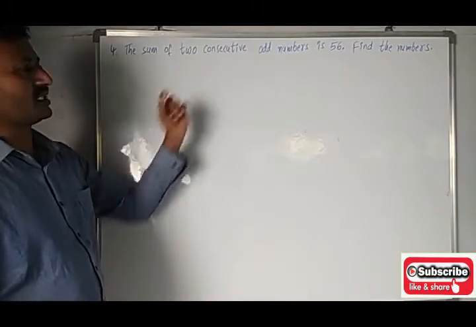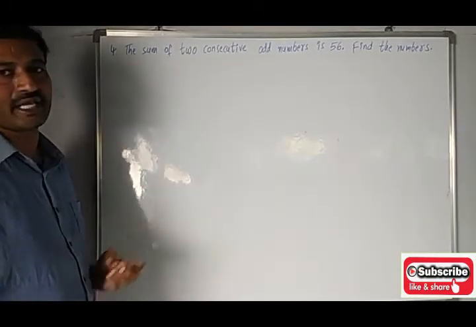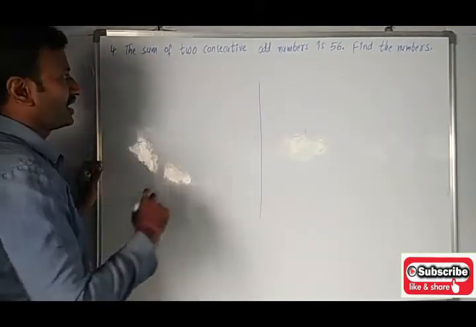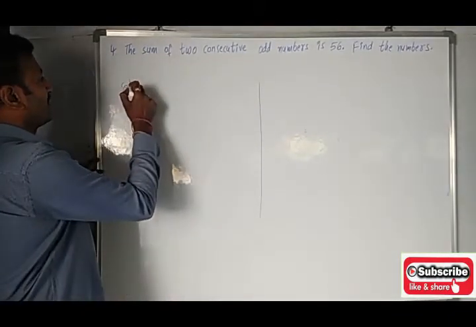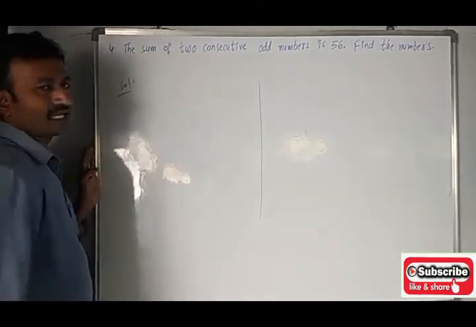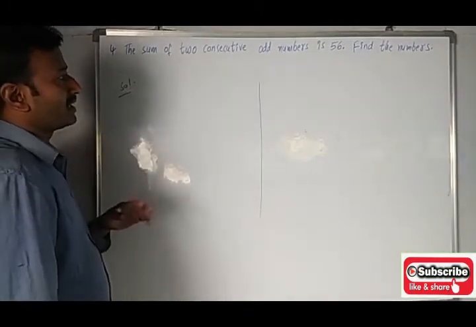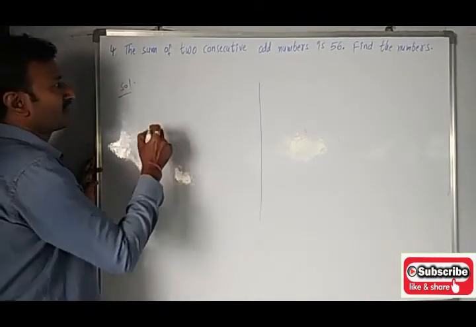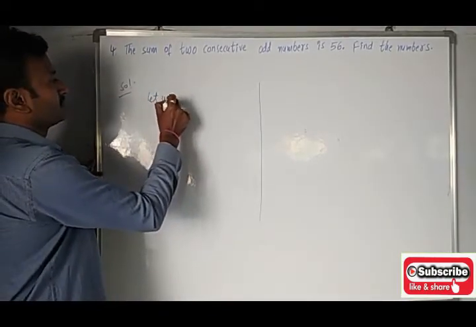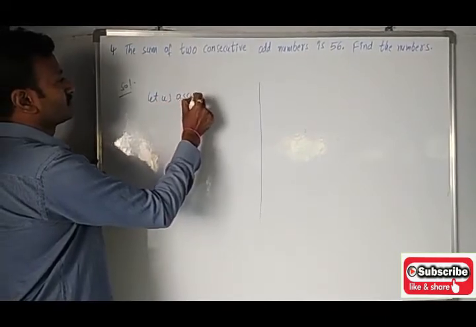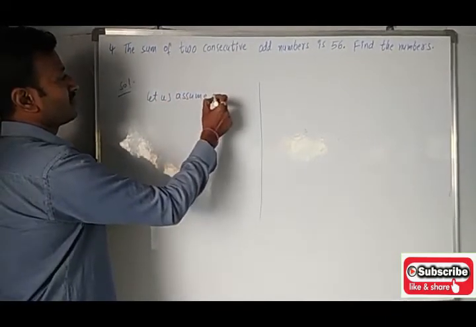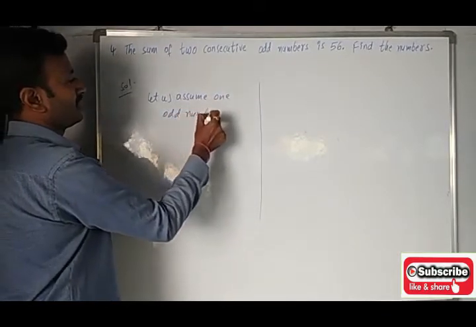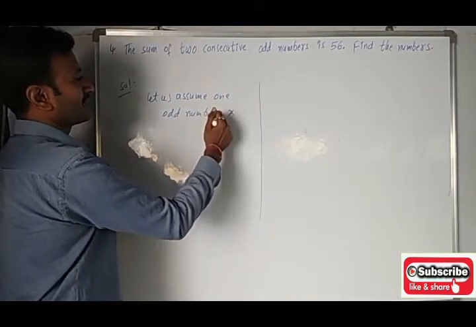Sum of 2 consecutive odd numbers is 56. Find the numbers. Here we can do this in 2 ways. One is very easy and the next one is as per the odd number formula. First one is without formula. First of all, without formula, how can we find? Let us assume one odd number is equal to x.